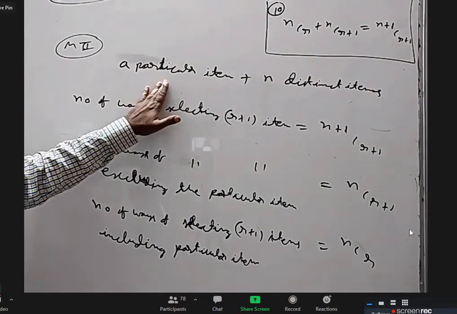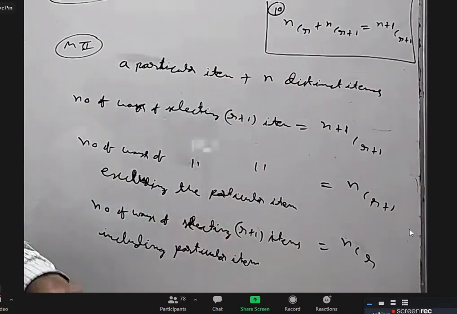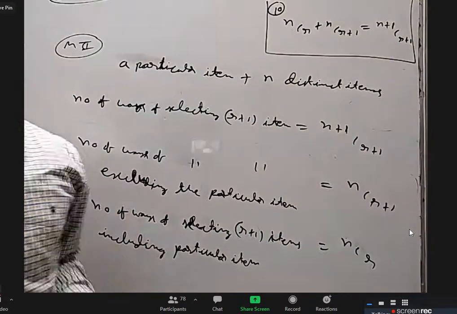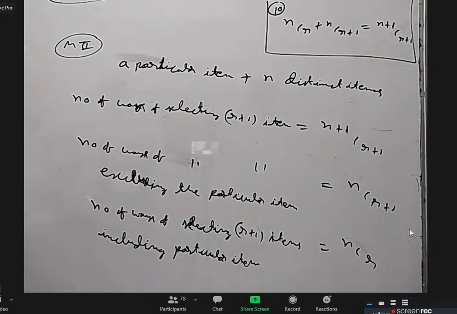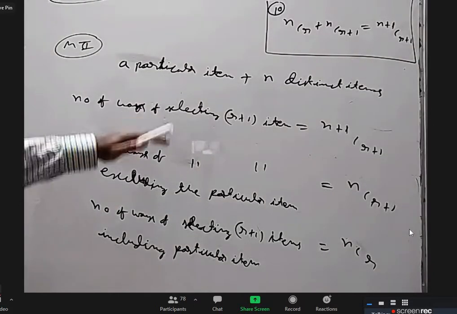Already one item is selected. I have to select r items from the rest of the n items. But this plus this should be the same as this. I am not writing that part, that this plus this is equal to this.